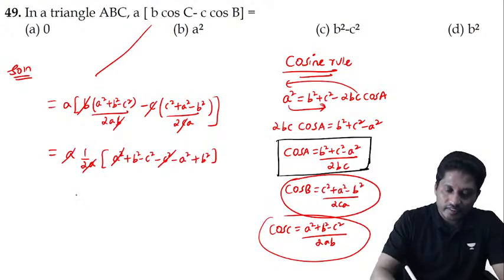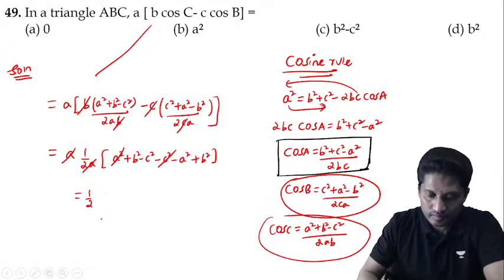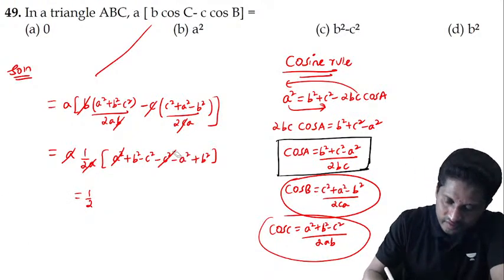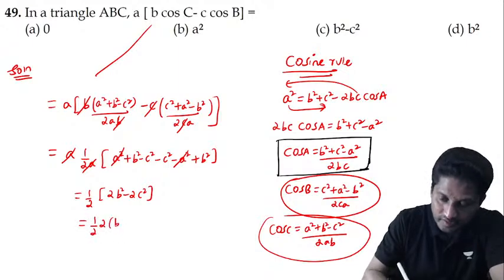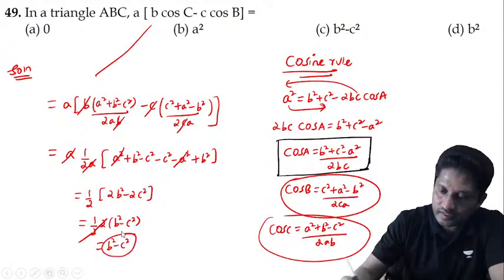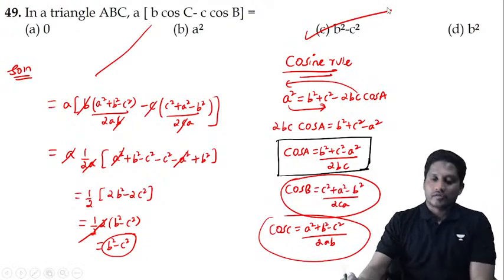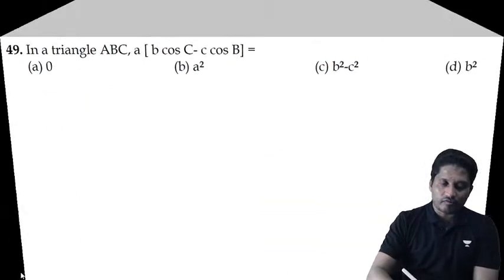So this is equal to half of 2B square minus 2C square. If you divide by 2, take 2 common, it will be equal to B square minus C square. Cancel 2 and 2, I'm going to get B square minus C square. Answer is option C. So this is the cosine rule formula.